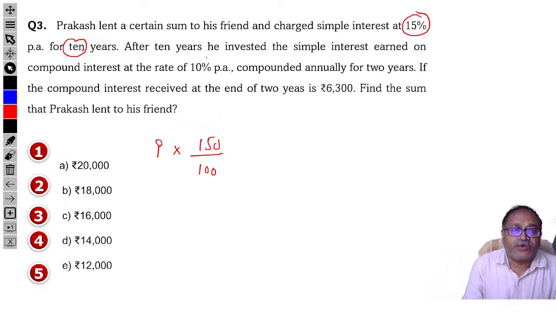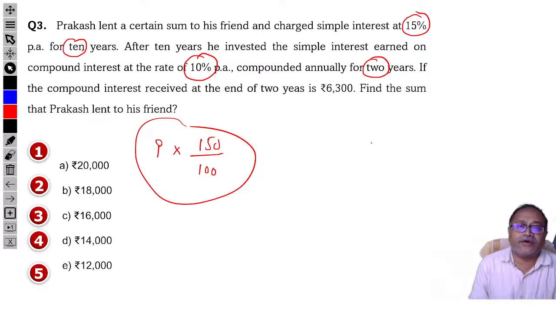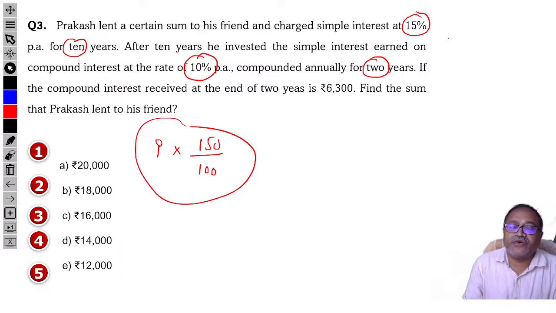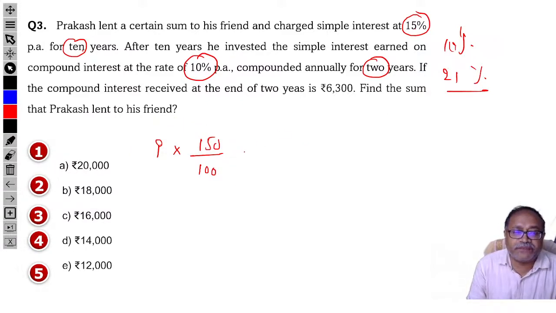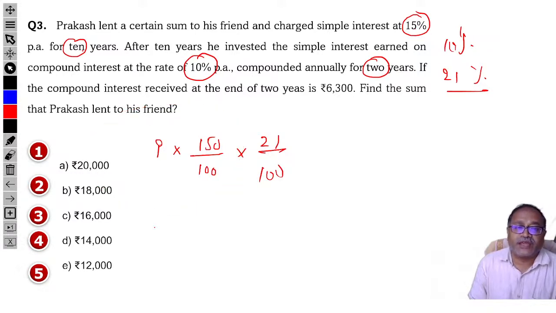Now, this interest he invested at 10% per annum compounded annually for 2 years. And we know 10% per annum for 2 years is 21%. So he will be getting 21% of this interest because he has invested the interest. Now, that gives us the 6,300 figure.